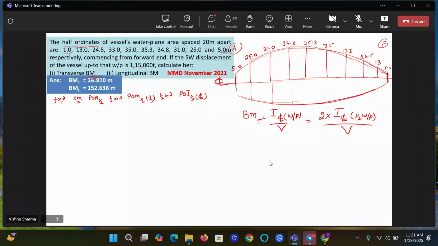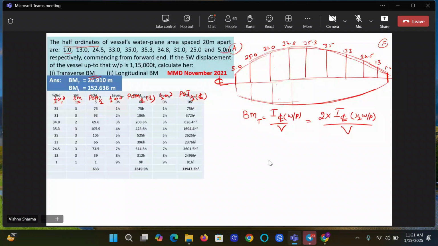Okay, guys, here is the table. These are the summations. These are, I think, the summations. These are not the SOPs. Are these the summations you got, beta? Yes, sir. SOP half area.